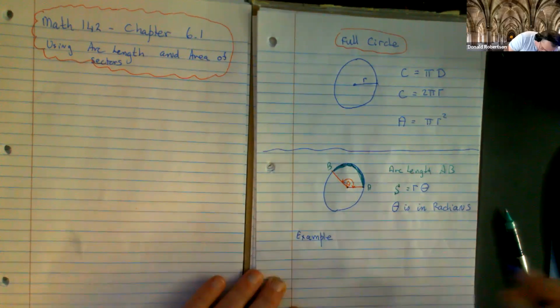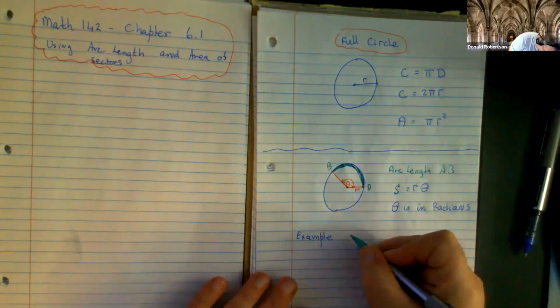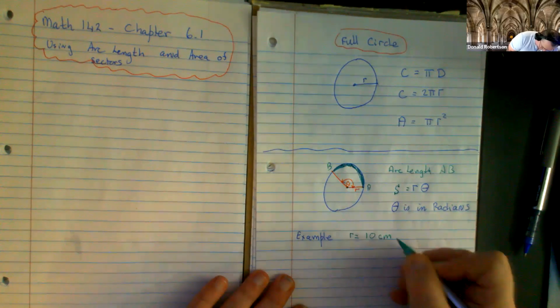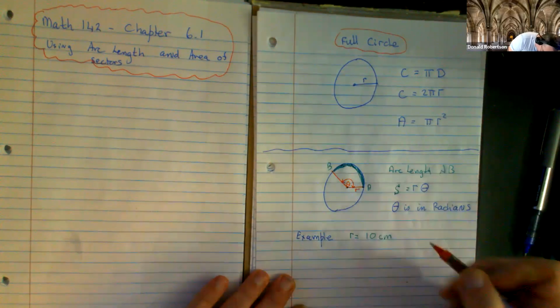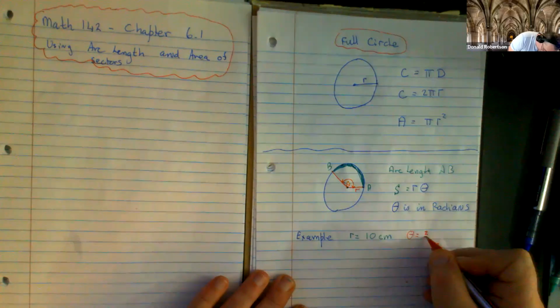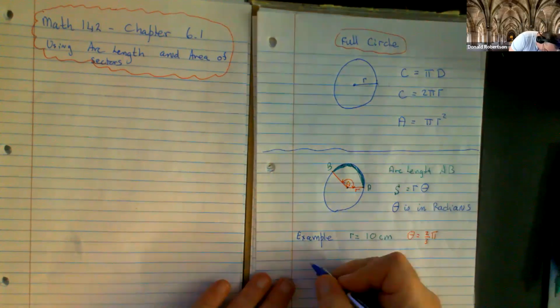Suppose I have a circle whose radius is 10 centimeters and the angle at the center is 2/3 pi. And I want to find the arc length.